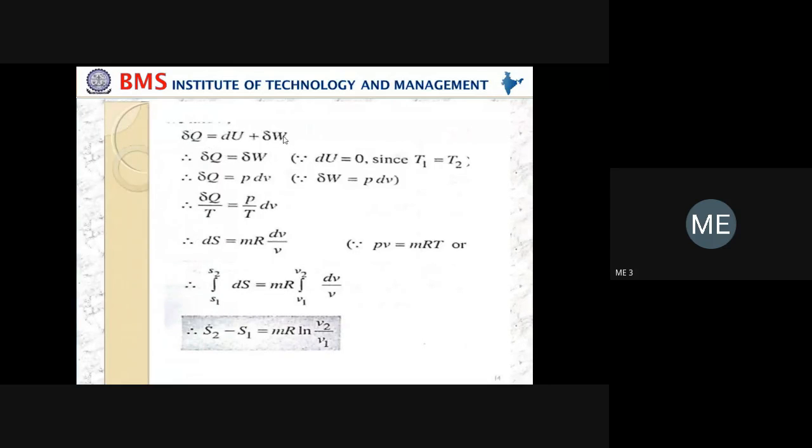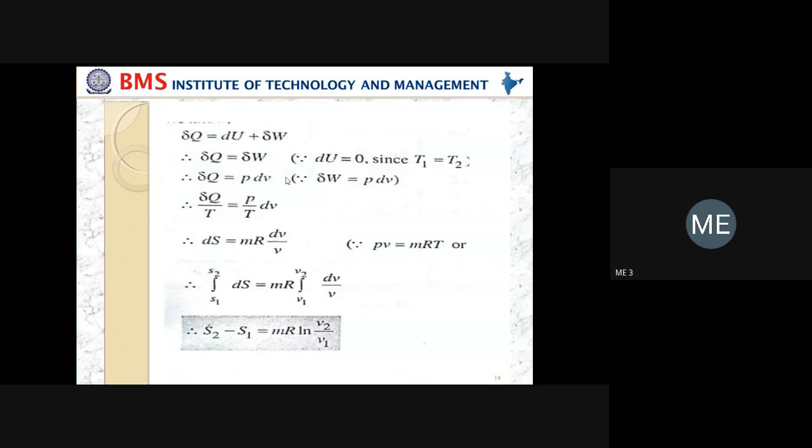Remember, as I said, delta U is 0 in the case of an isothermal process, that is, there is no change in internal energy, because internal energy is a function of temperature only, T1 and T2. So in an isothermal process it is the same, since dU is 0.